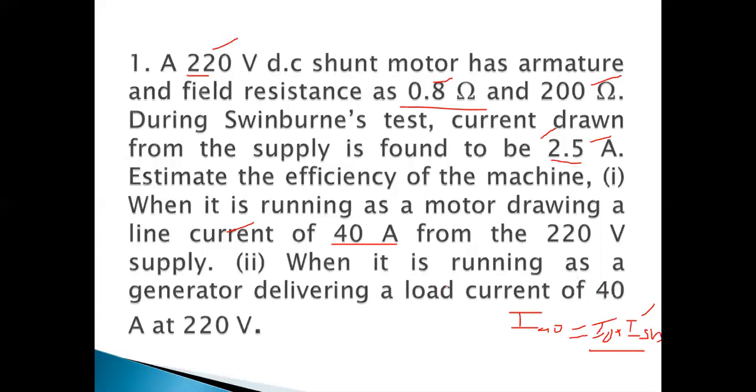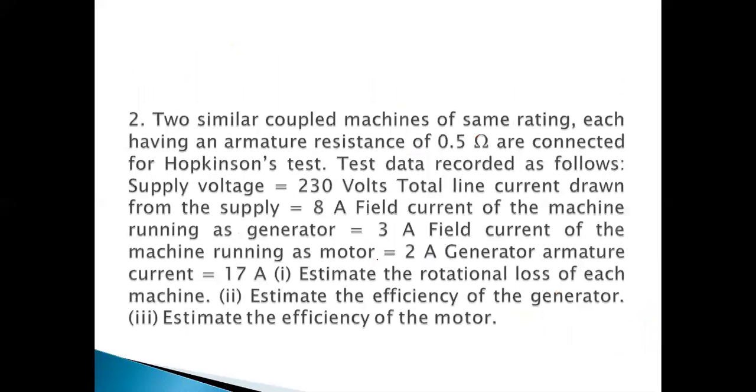Like this, we have to calculate the efficiency for the generator also. I explained how to calculate efficiency for the motor, and you try with this data. How to calculate the efficiency of this particular problem for the generator?